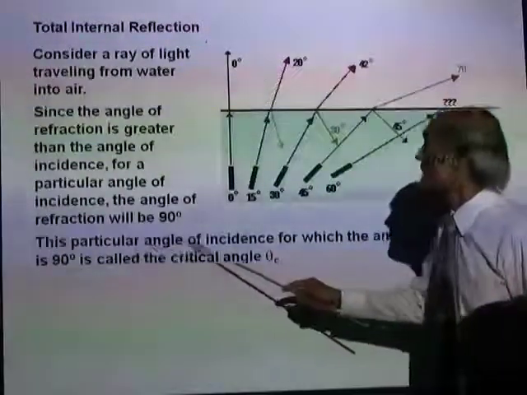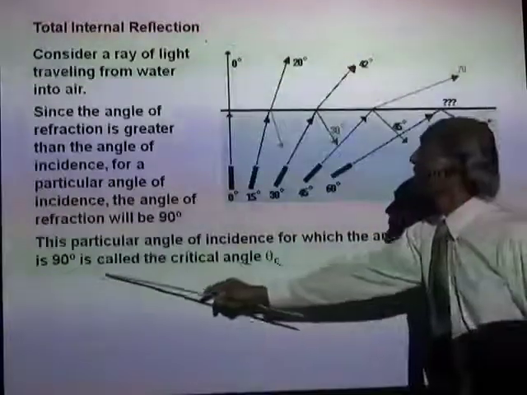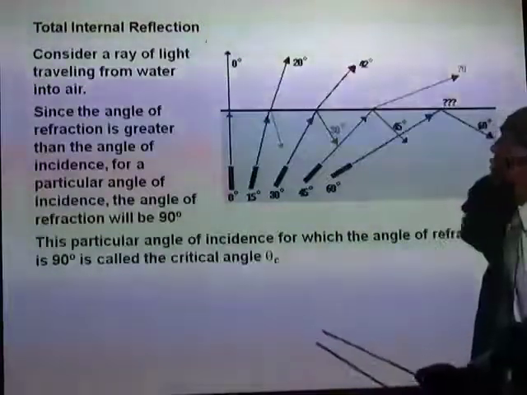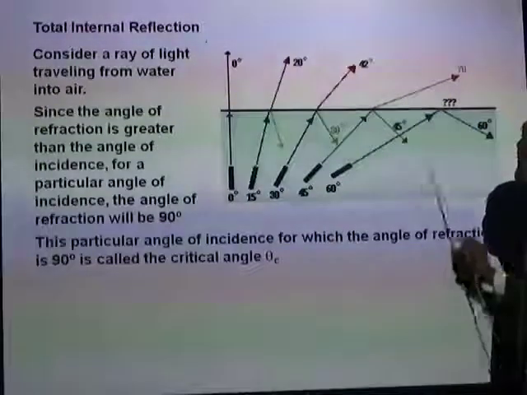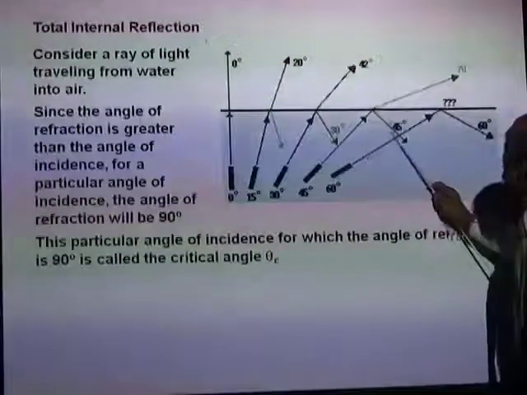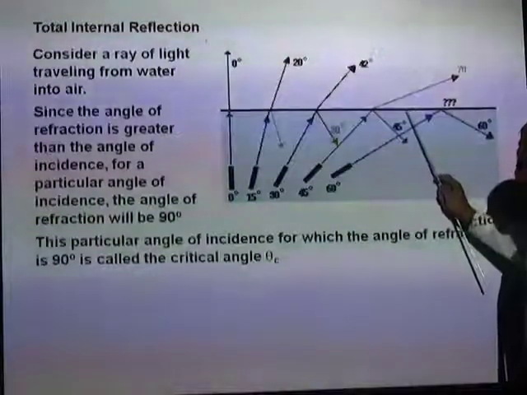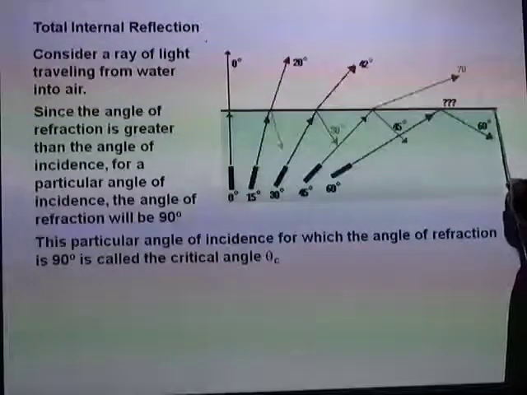So the particular angle of incidence for which the angle of refraction is 90 degrees is called the critical angle. For that angle, the emerging ray will go along the surface.